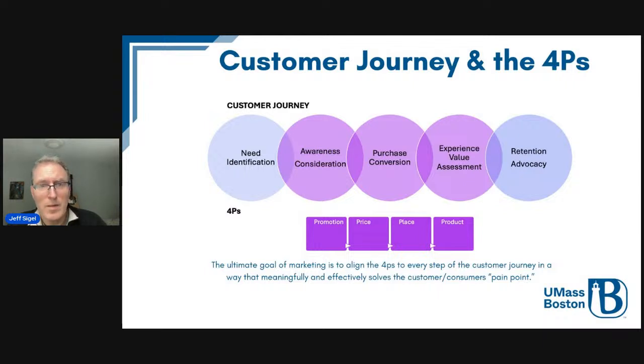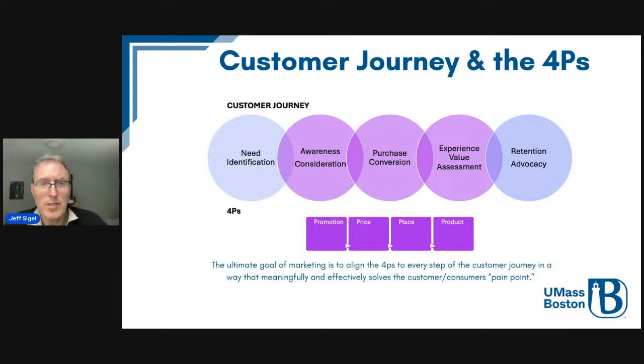So there's a part of the process of marketing which is really about how I help customers and consumers identify the needs that they have, and create this sense of "I need a product to solve this." That's called demand creation sometimes.